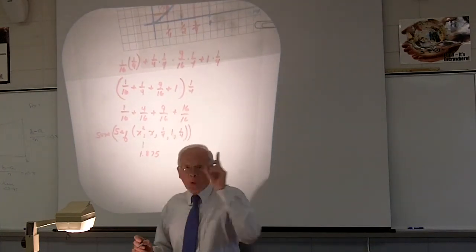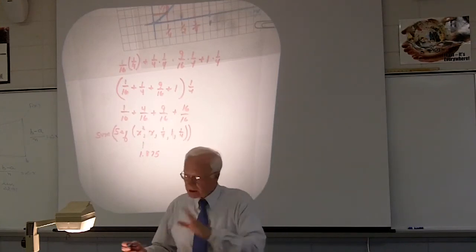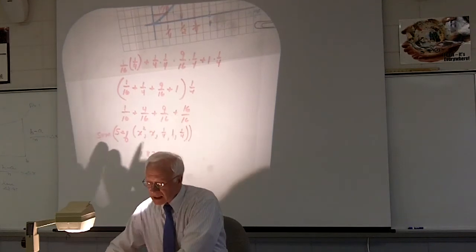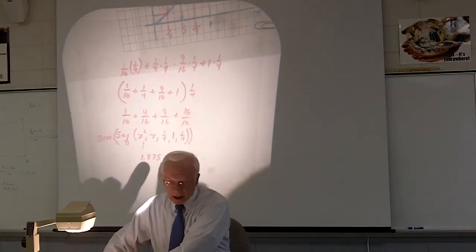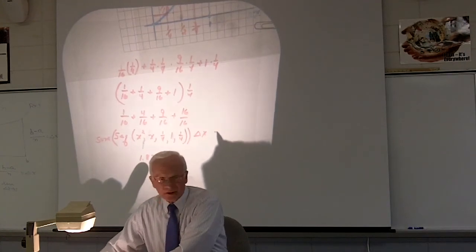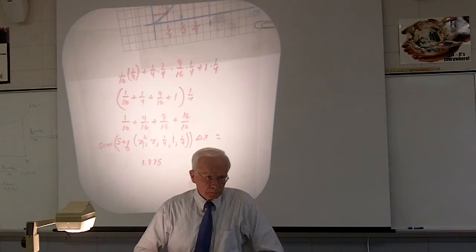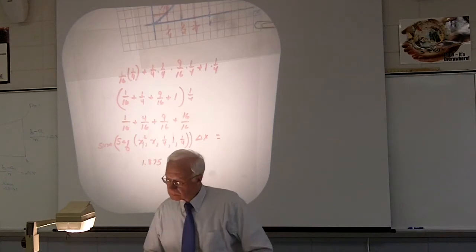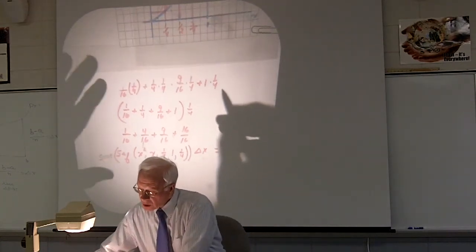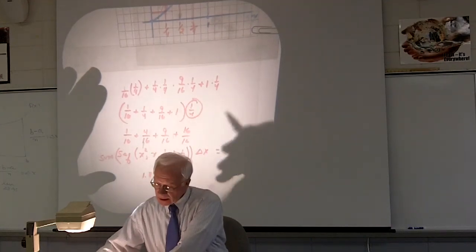Okay, I want to show you one other thing with this, and then we'll do a little practicing. And that is, if I multiply this number now times my delta x, I'll have the sum. Notice over here, I have to multiply by that.